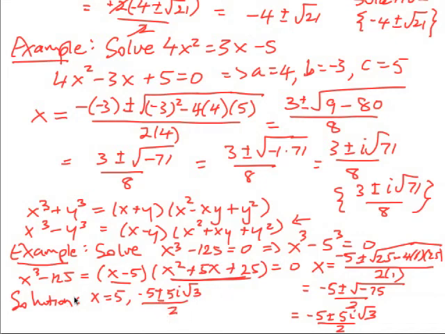And so our solution would be 5 and negative 5 plus or minus 5i root 3 all over 2, and that would be our solution.